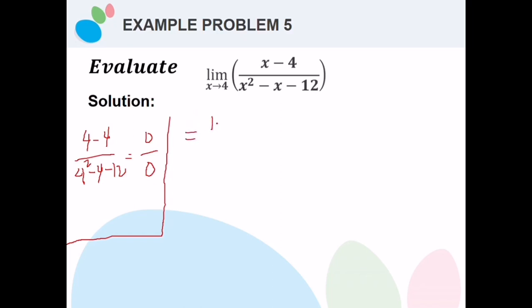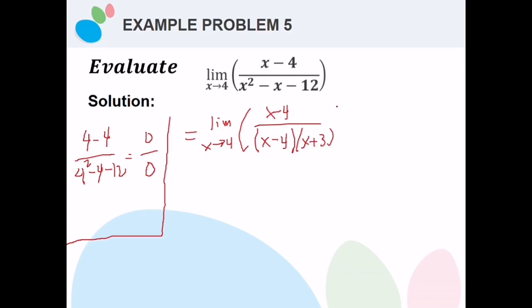Let's try the factoring method. The limit as x approaches 4 of x minus 4 over x squared minus x minus 12. If we find the factors of this function, one of the factors is x minus 4, and the other factor is x plus 3.